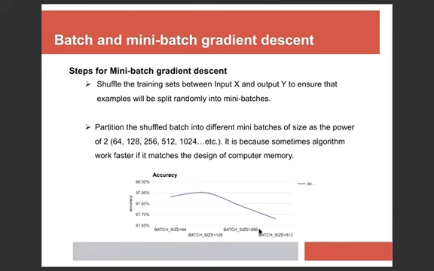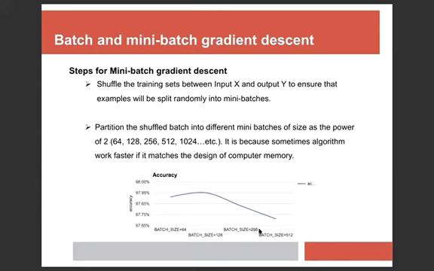There are two steps for mini batch gradient descent. The first is that we need to shuffle the training data sets, both the input X and output Y, to ensure that the examples will be split randomly into batches so that there won't be any bias in batches.